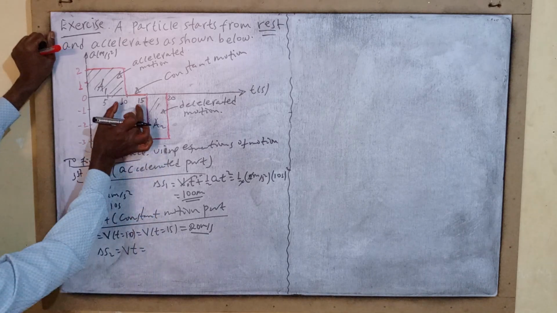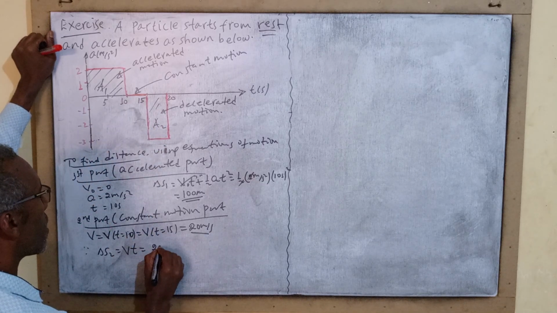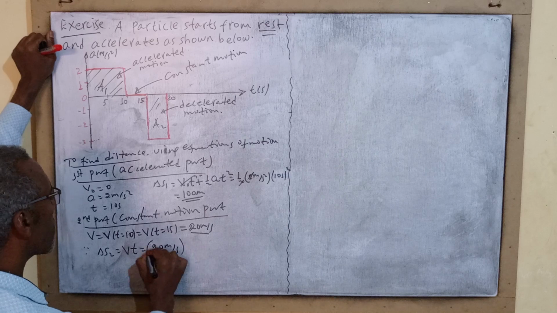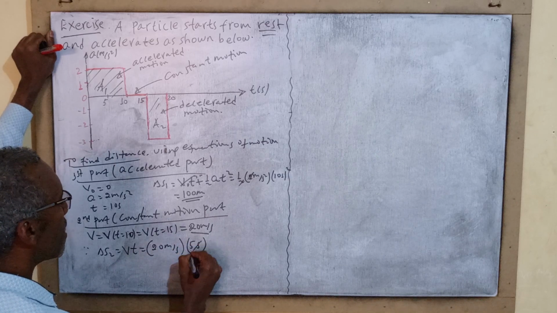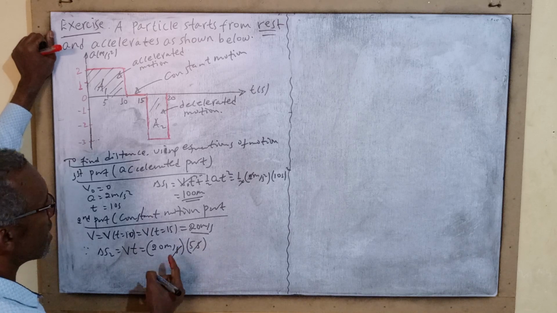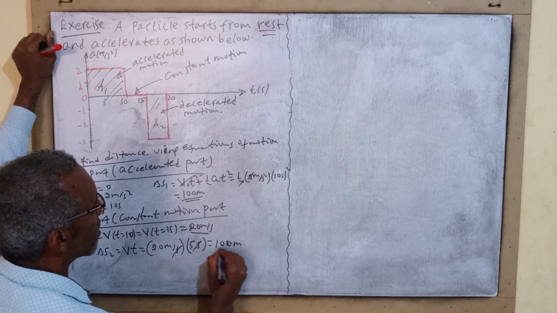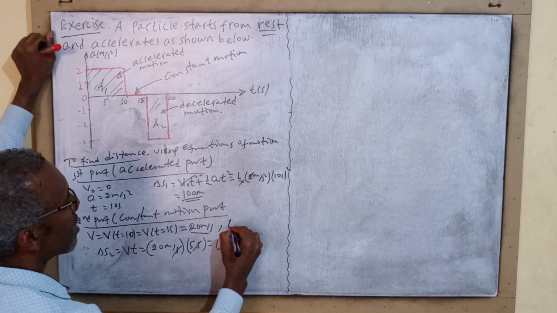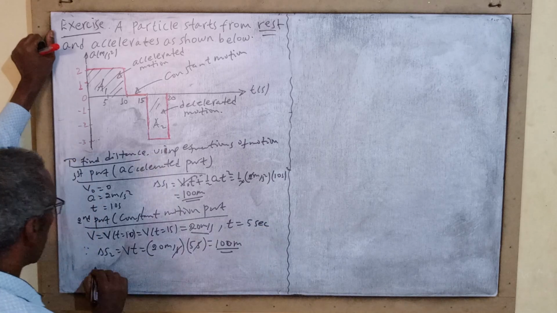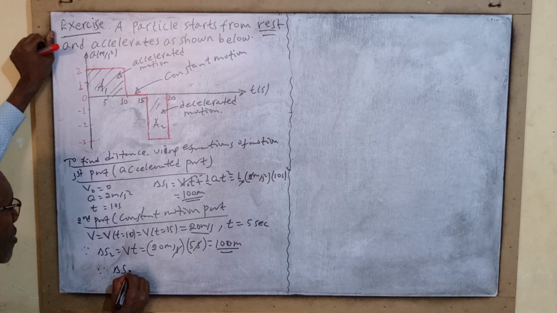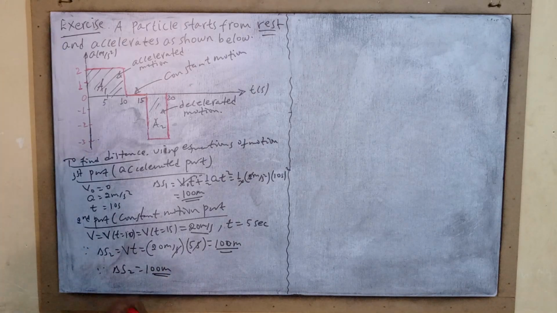The time interval between 10 and 15 seconds is 5. This is equal to 20 meters per second times the time, which is 5 seconds. Second goes with second. 5 times 20 is 100 meters. Therefore, distance 2 is equal to 100 meters.